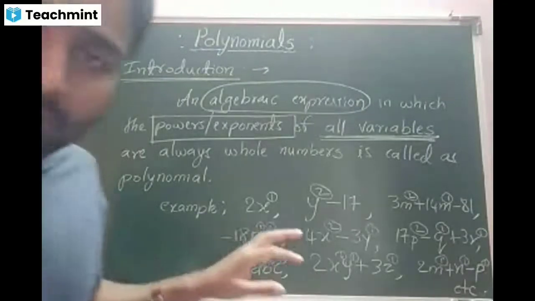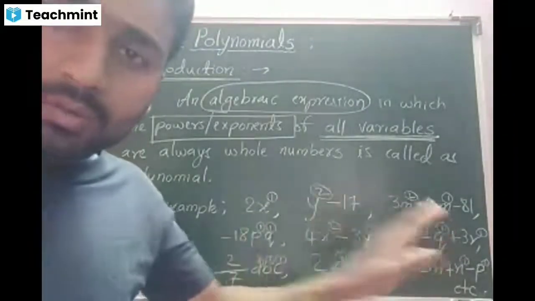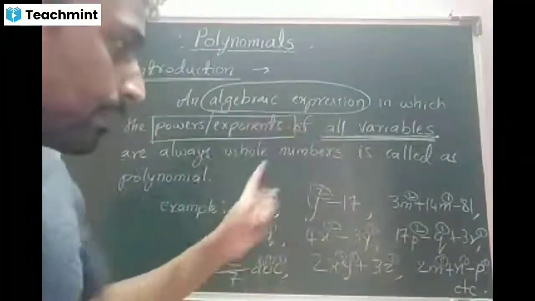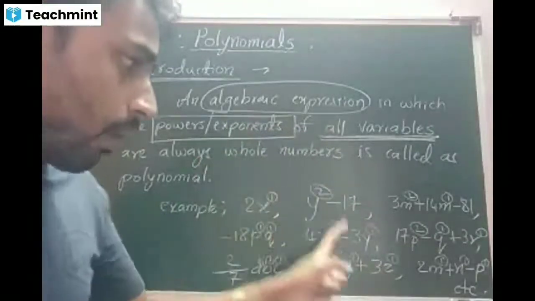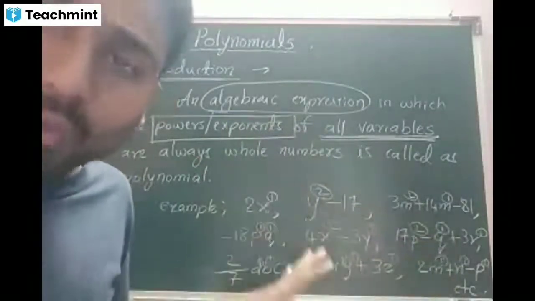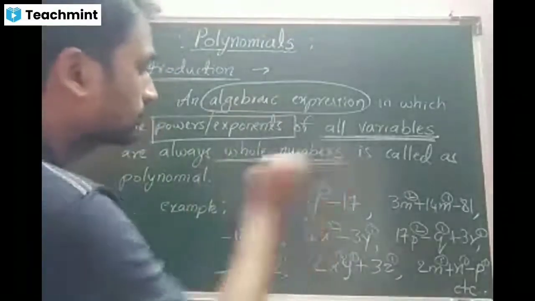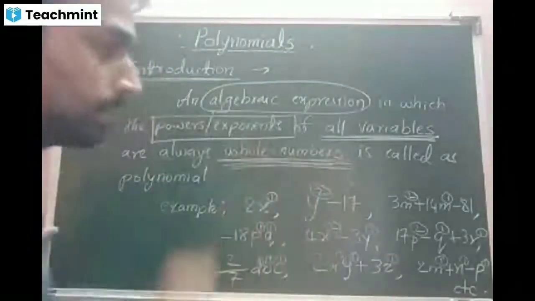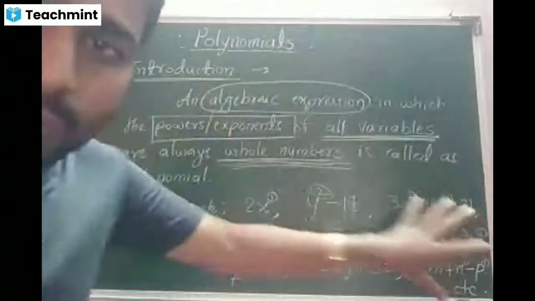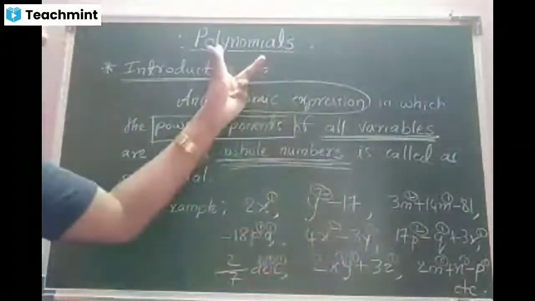Now concentrate on the powers, on the exponents, which I made the circle. These are all belonging to the set of whole numbers. So this will give you the complete meaning of polynomial.